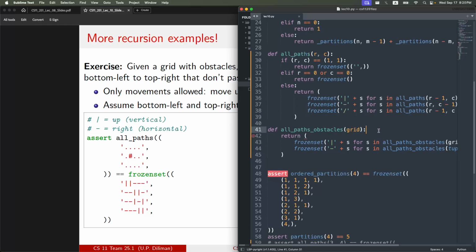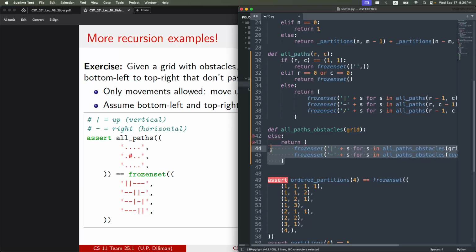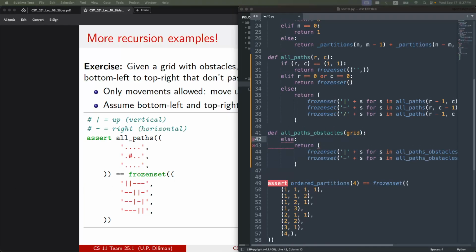So base cases. Okay, let's write the base cases.